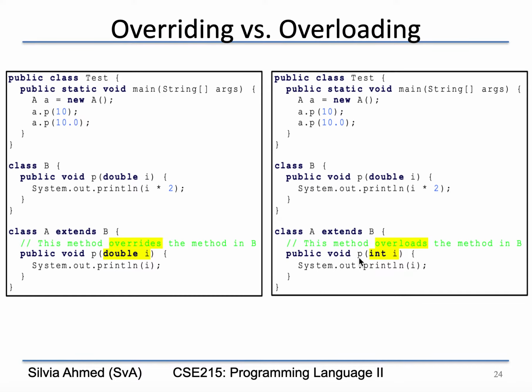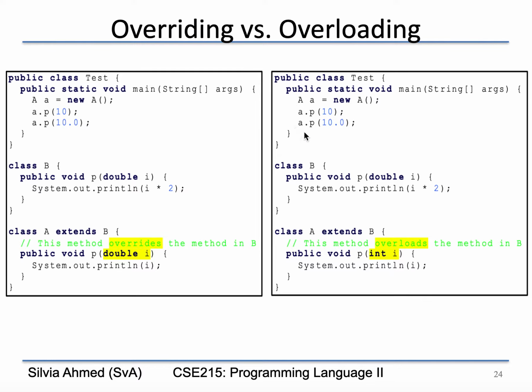The method P which takes the integer input simply prints the input value. Now when we call a.p(10), inside class A it will match the parameter with this particular method, and it will print whatever the input is. That means 10.